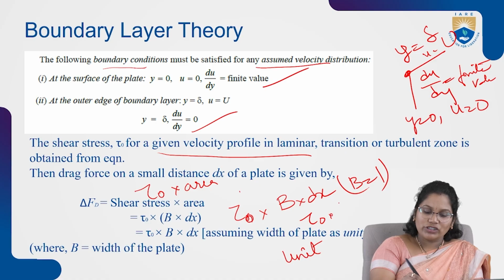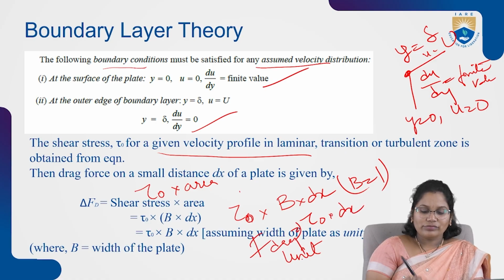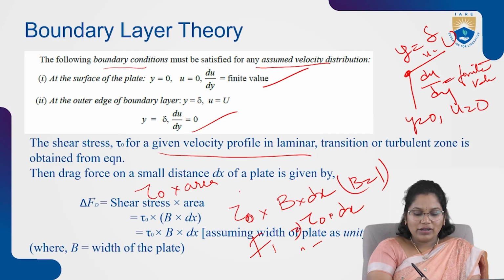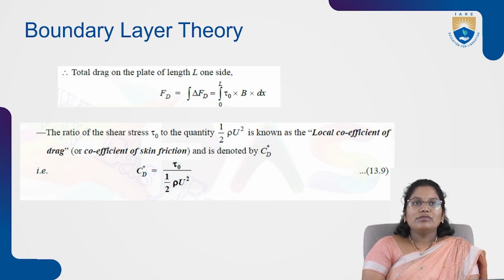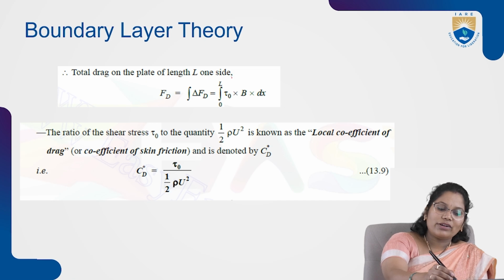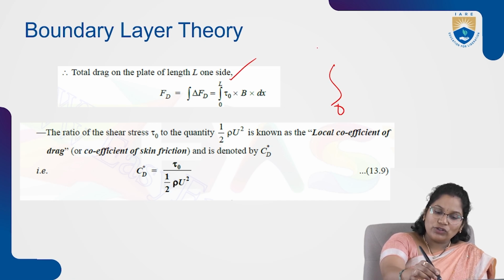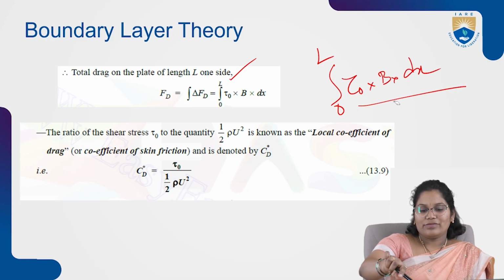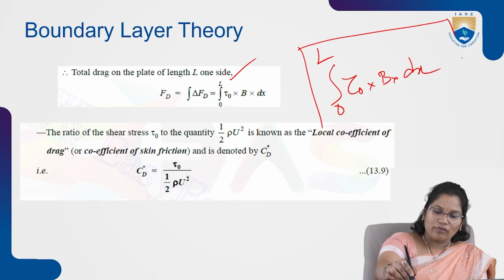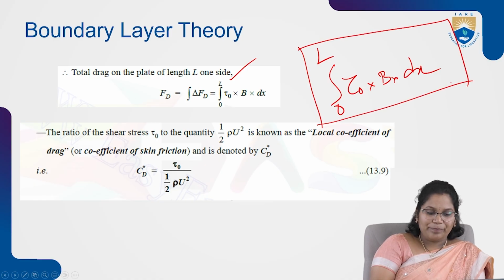Therefore, your shear stress into dx is equal to your drag force. So, the total drag force on the plate of length L on one side is integration from 0 to L of tau naught into B into dx. This is the equation for the drag force on a flat plate.